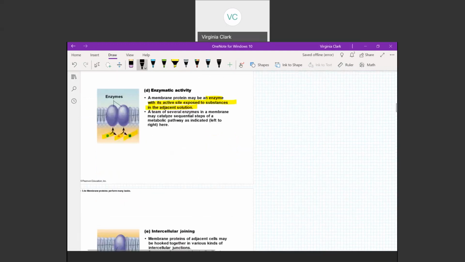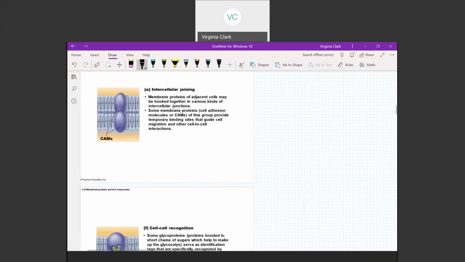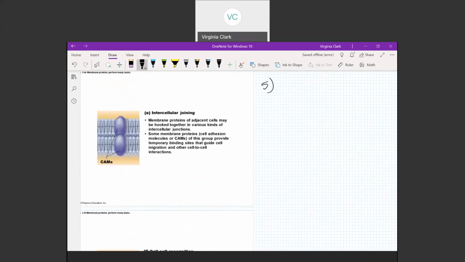So if that was number 4, the 5th and 6th part is going to be cell-to-cell joining. So they can connect other cells. What they can do is connect adjacent cells and hook them together. And the way they do that is they have these things called cell adhesion molecules, or CAMs, which are super sticky.